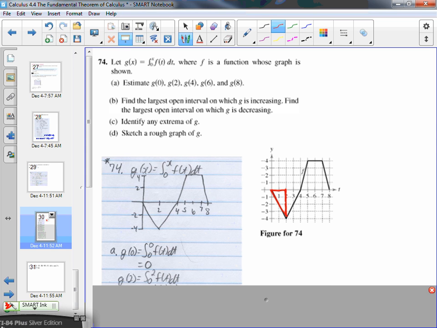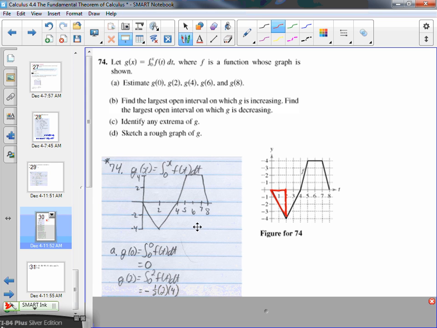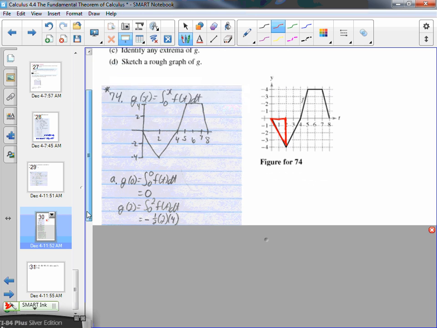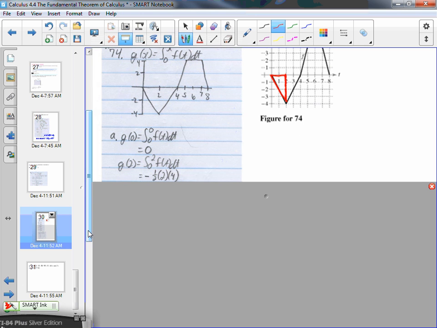So 1/2 base times height will give us this definite integral. You with me? All right, so we got 1/2 base times height. Now, you've got two options on where to put the negative. You can just say, hey, that whole region is below the x-axis, so I'm going to just call it negative 1/2 base times height.